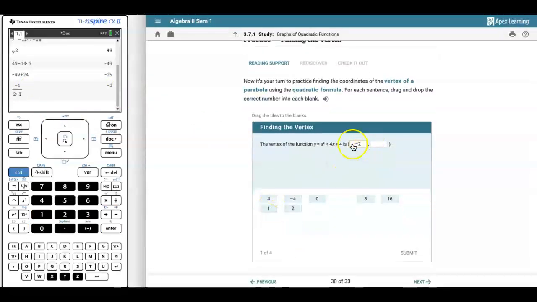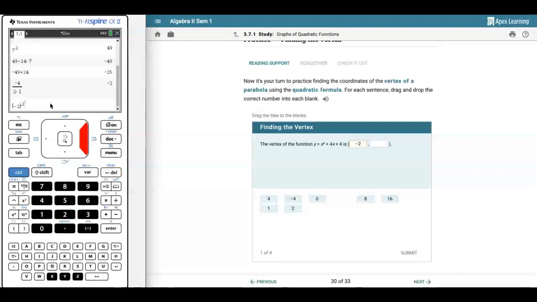Then what we do is we plug our negative 2 back in. So I would have negative 2 squared. Okay, negative 2 squared plus... this calculator and I are not friends right now.